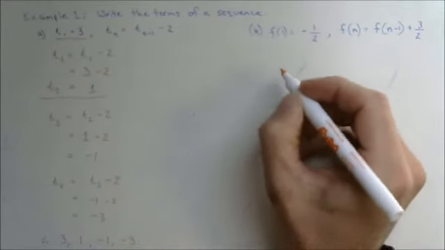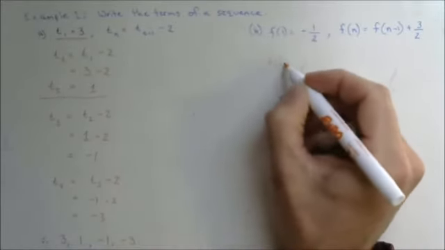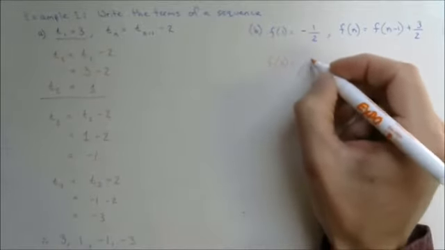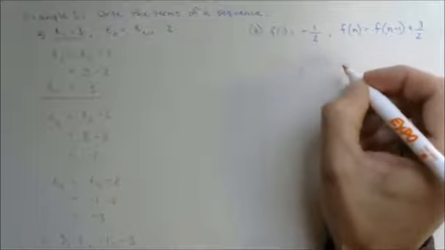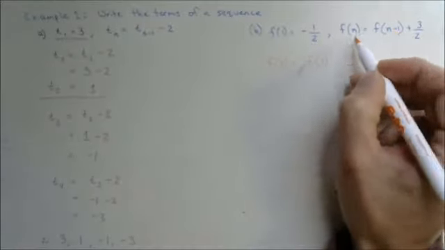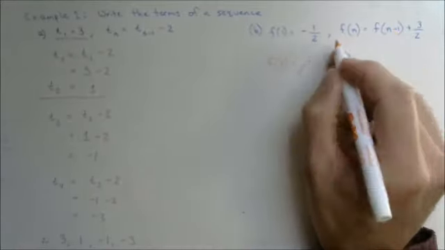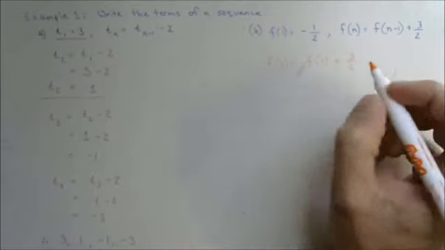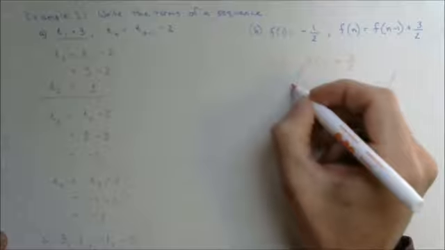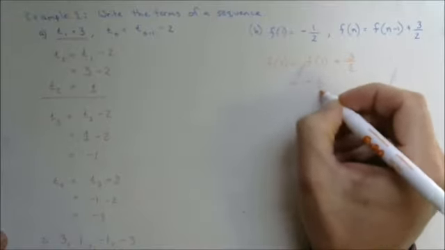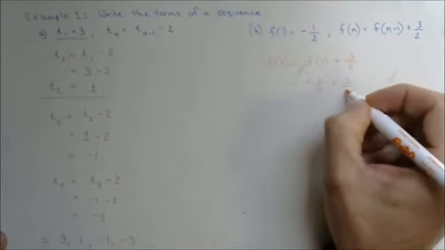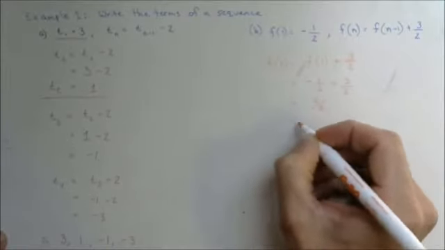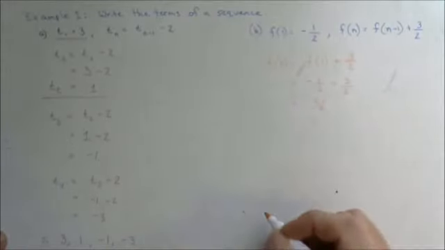And in order to get the second term, all we're going to do is take the first term, which is the preceding term here, and add 3/2. Well, the first term is -1/2. We're going to add 3/2. That's going to give us 2/2 or 1.